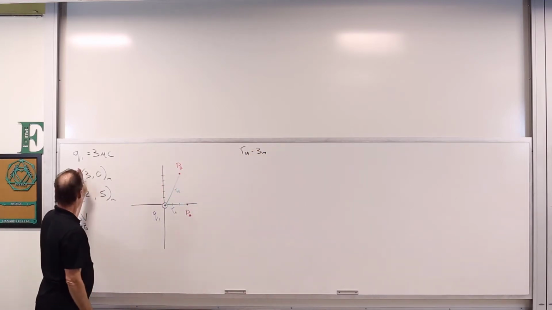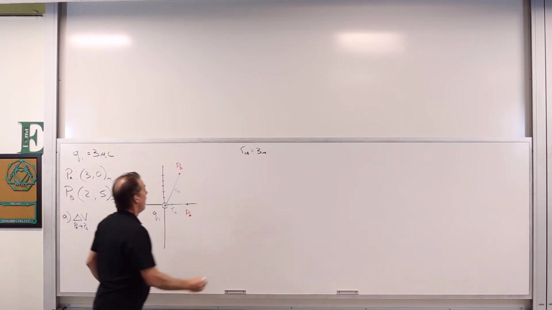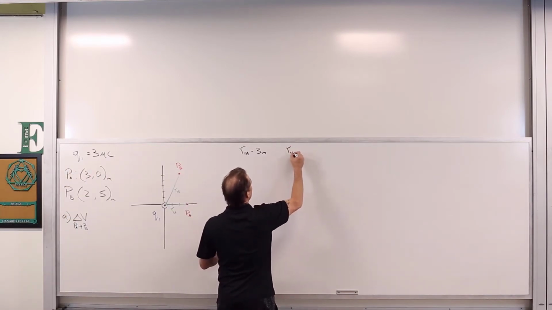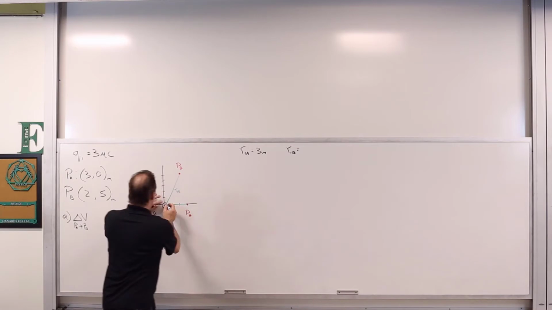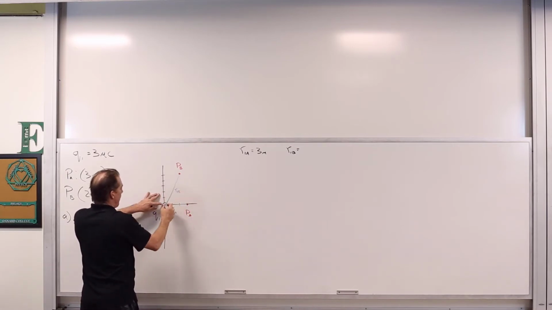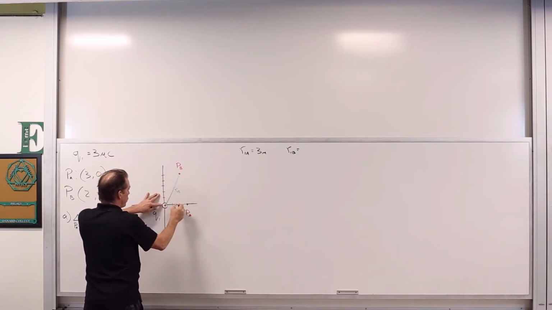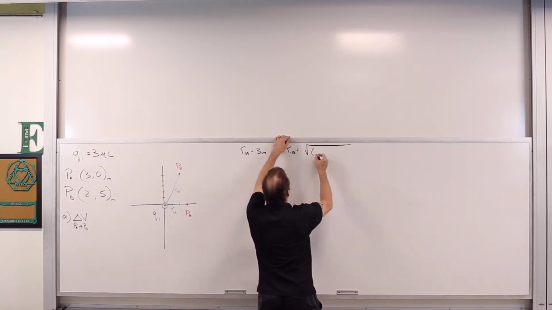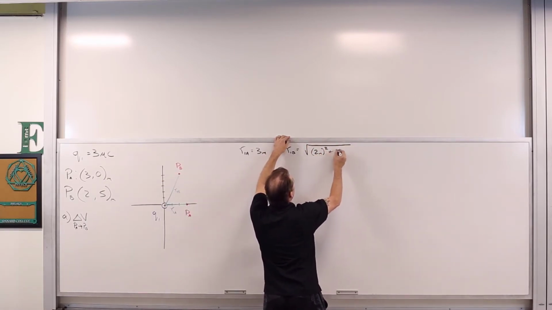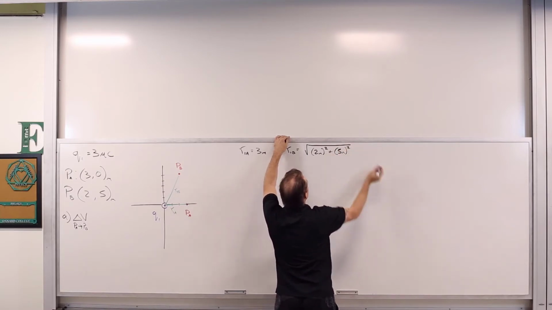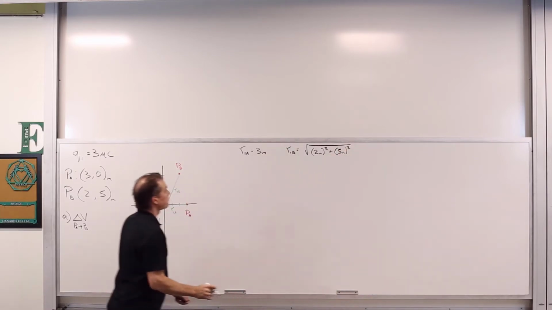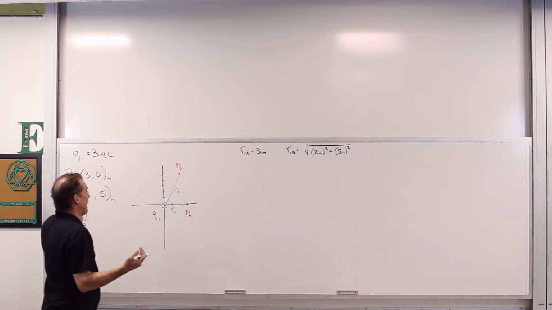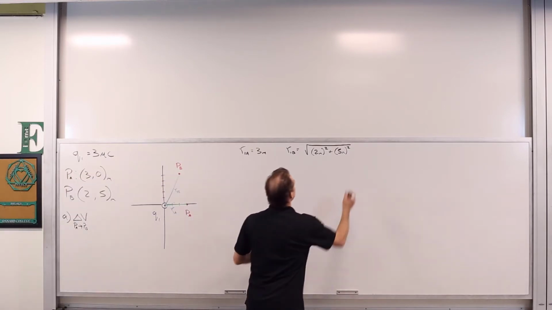It's just from the origin to this. R1B is going to be gotten by a little bit of triangulation. It's the hypotenuse of the triangle that goes over 2 and up 5. So we get R1B is the square root of 2 meters squared plus 5 meters squared. We've got root 29. Fantastic.